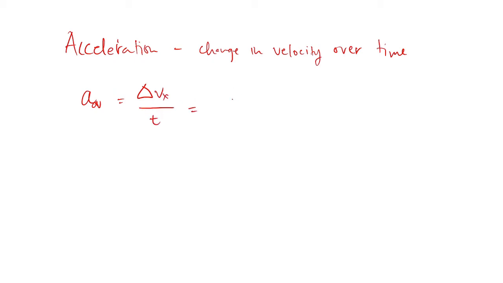So basically, this will be just our Vx, or our final velocity, minus V naught x, or our initial velocity at a certain position, over time. So this will be our equation 4.